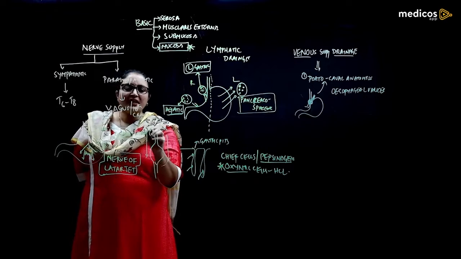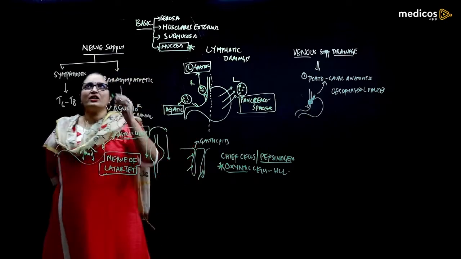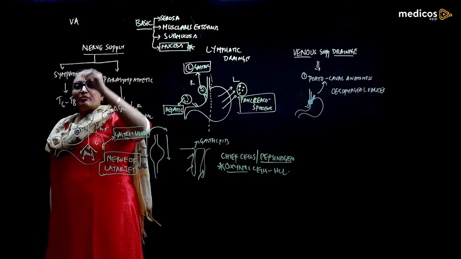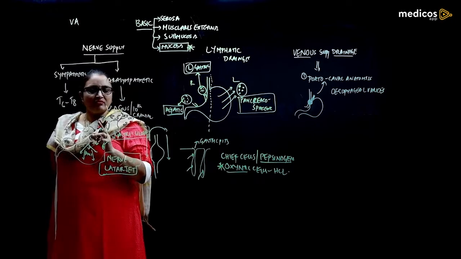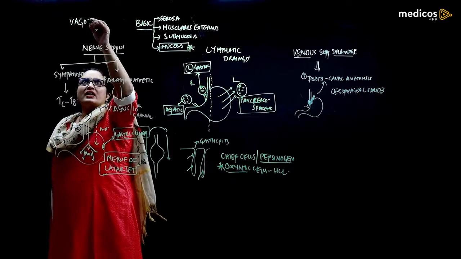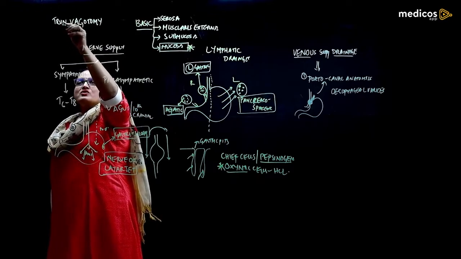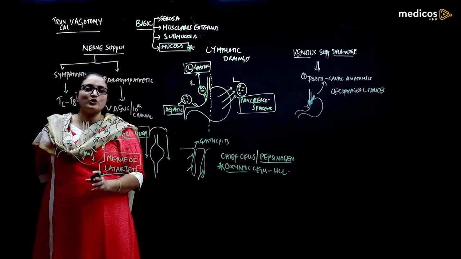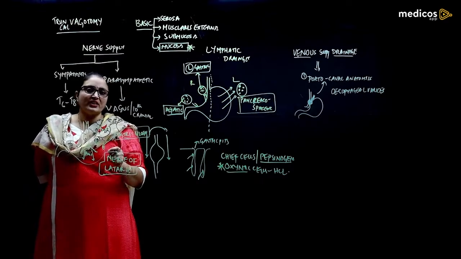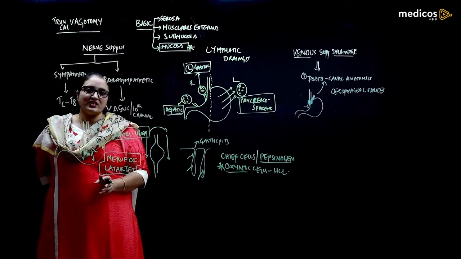So, in order to cure gastric ulcers, the latest technologies being followed are vagotomies. They can be truncal vagotomies, where the trunk of the vagus is cut down. Vagotomy is the cutting down of your vagus. They can be truncal or they can be branch-wise. The nerve of Latarjet can also be incised, cut, or its connection removed to decrease gastric acid secretion.